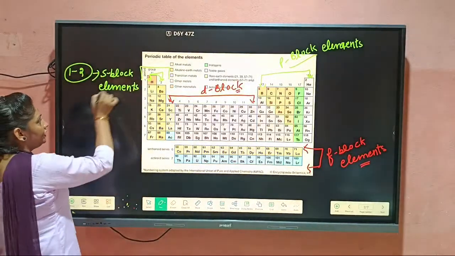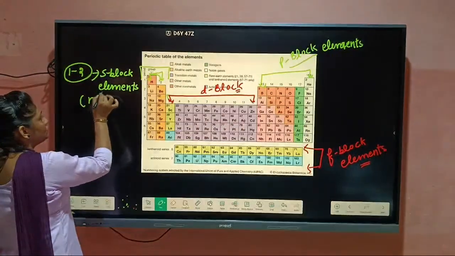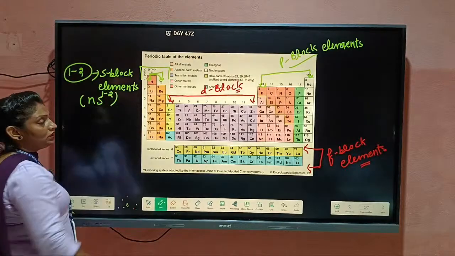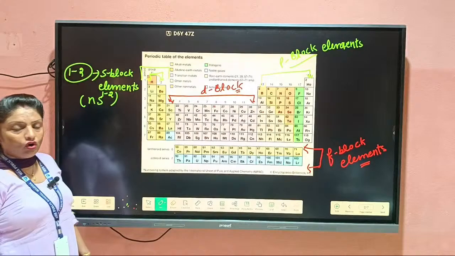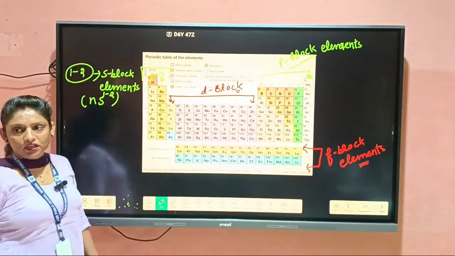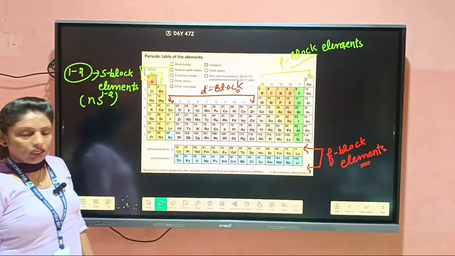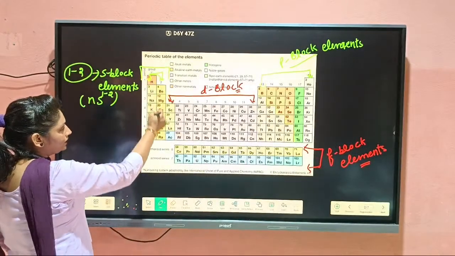Their general configuration is ns1 to 2, meaning either one or two electrons may be present in the S orbital.